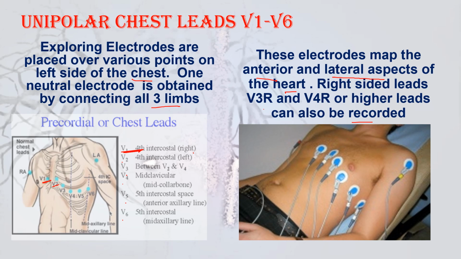Then V3 is placed at the mid position between V2 and V4, and V4 is placed in the 5th intercostal space at the mid-clavicular line. V5 is placed in the 5th intercostal space at the anterior axillary line, and V6 in the 5th intercostal space at the mid-axillary line.